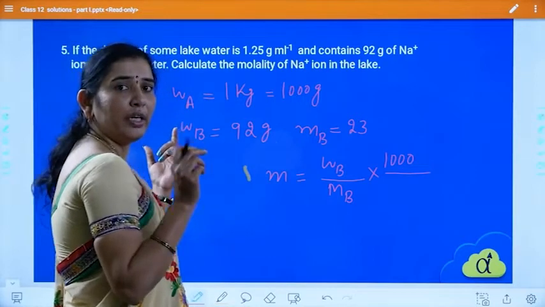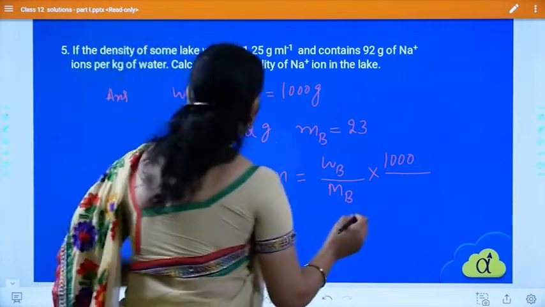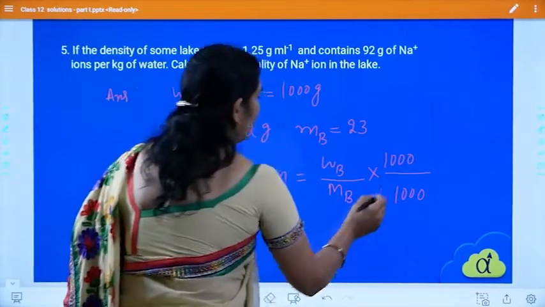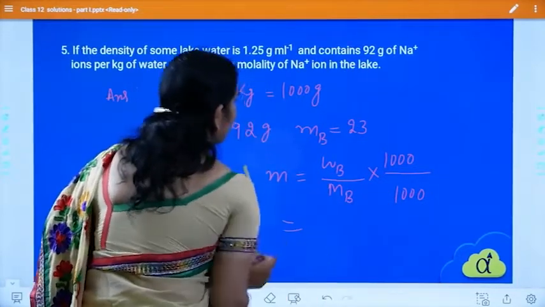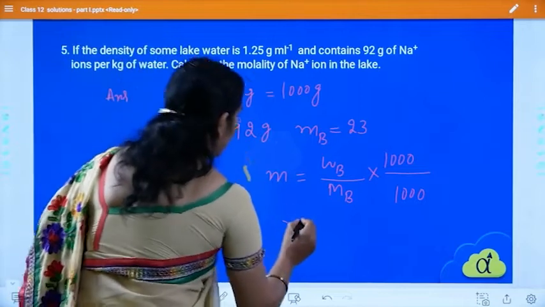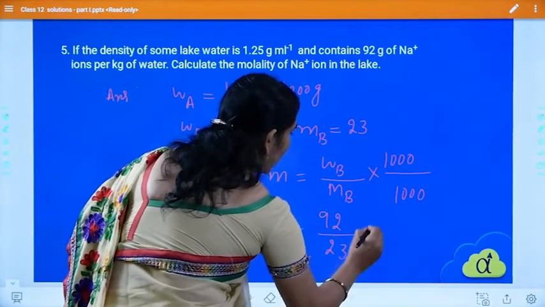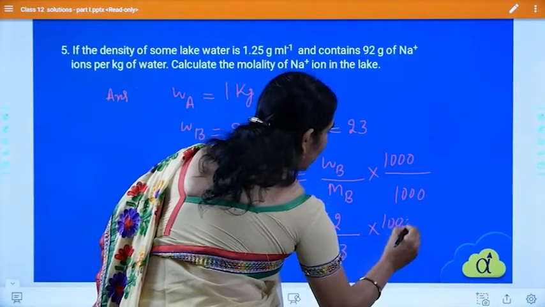In molality, the weight of the solvent you have to take. Here WA is 1000, so now substitute the WB value: WB is 92. 92 by 23 into 1000 by 1000.